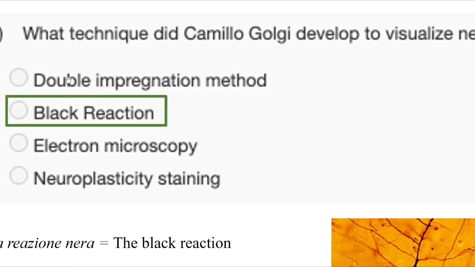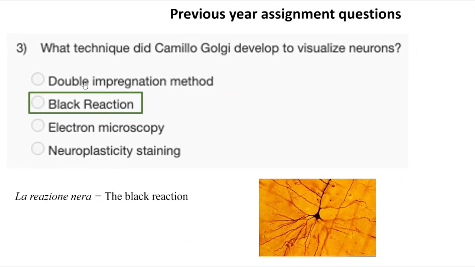So, what Cajal did was, in addition to changing the durations and concentrations, he also performed the staining more number of times. If you do it two times, that was the double impregnation method, so you're impregnating the tissue two times with the same stain. Or he even tried it three times and so on.